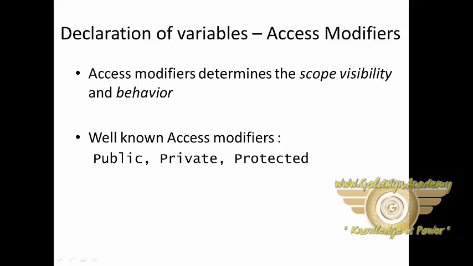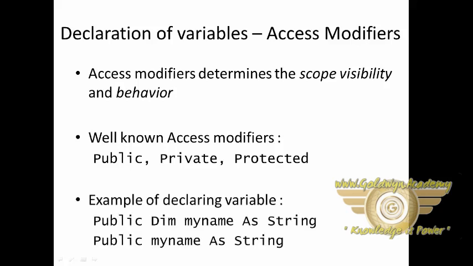They are Private, Public, Protected, Shared, etc. So using them, we can declare a variable. And here are the examples. Public Dim myName As String. And the second is Public myName As String. As you can see, in the second one, we don't have that Dim. This is also valid and this will do the same as the first one.